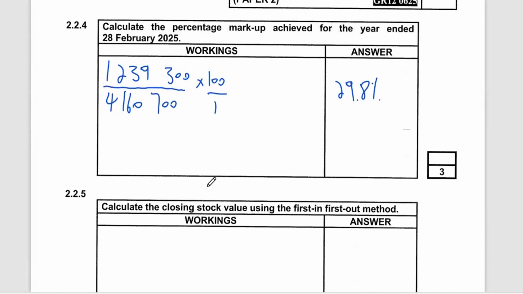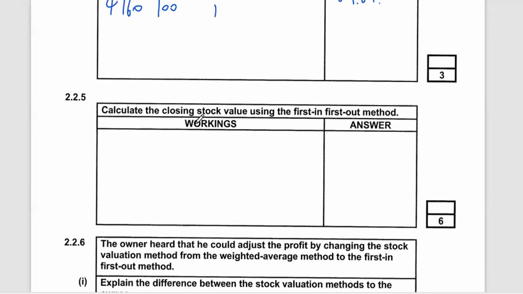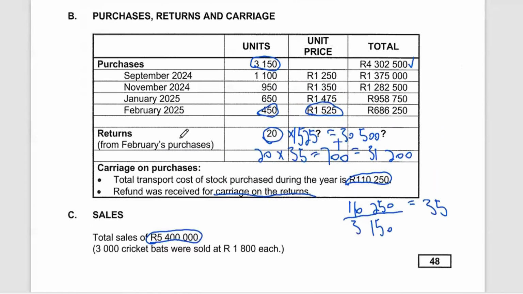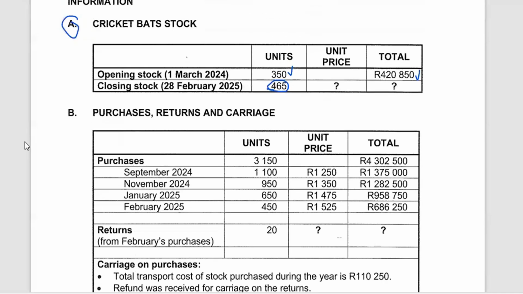29.8%. So 2.2.5, we are required to calculate the closing stock value using the FIFO method. So we'll check how much is our closing stock.